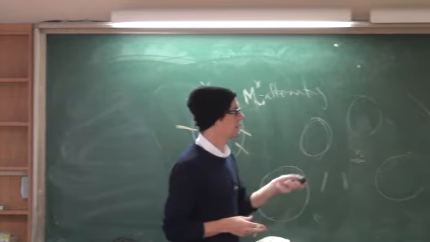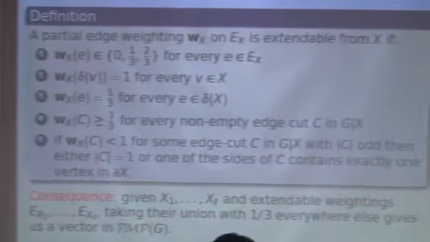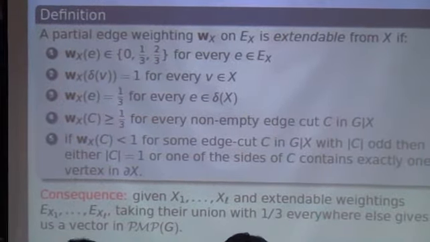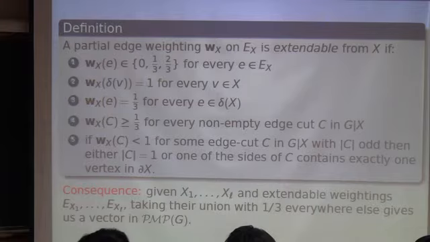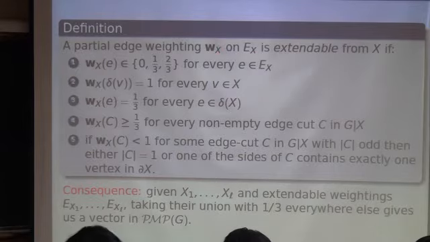So don't read any of this, because I just told you what it means. It's totally confusing, and the only reason I put this on this slide is to say that the actual definition is pretty ungainly, but the explanation of it is relatively simple. We don't want these to interfere with each other. So a partial edge weighting W_X on E_X is extendable. So what is this?